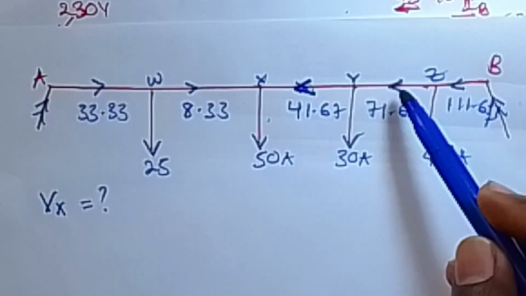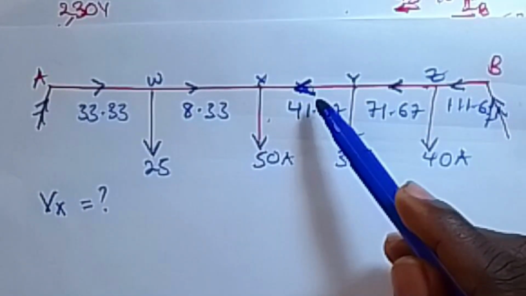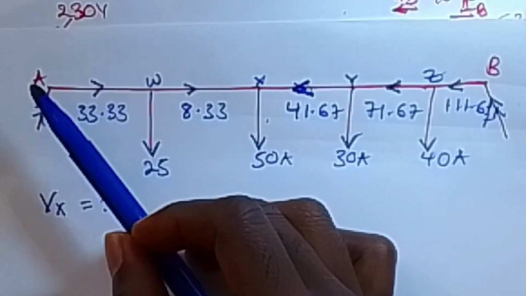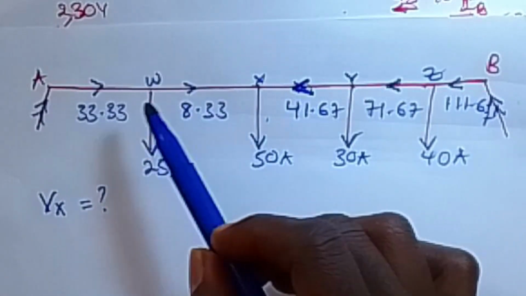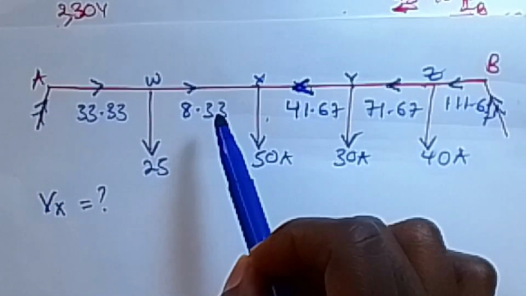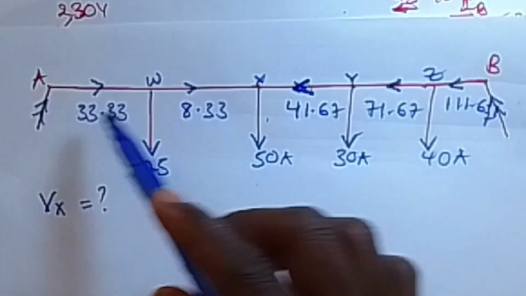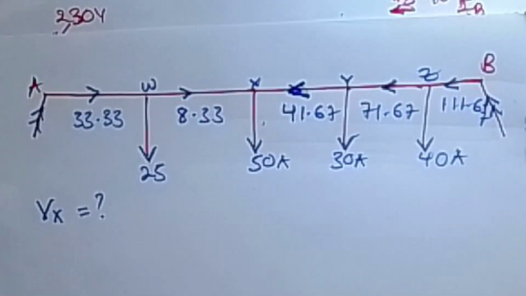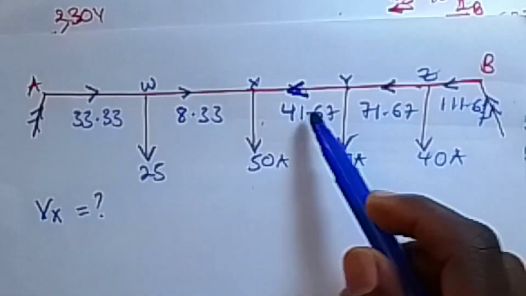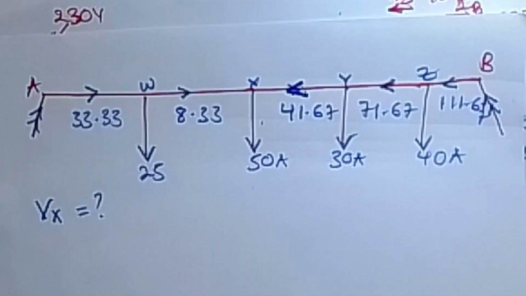But coming from this direction towards X, I have only 2 stages, this section and this section. Therefore, I can work out coming from end A towards X, and I will get the same answer as someone who has worked from the other end towards X.